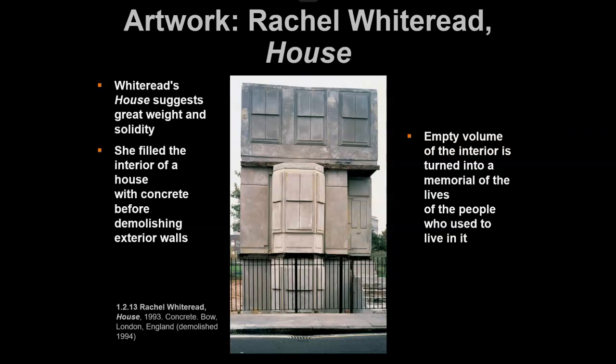The empty volume of the interior is turned into a memorial of the lives of the people who used to live in it, right? So the walls are filled with concrete, but then there's that interior space that's actually empty.